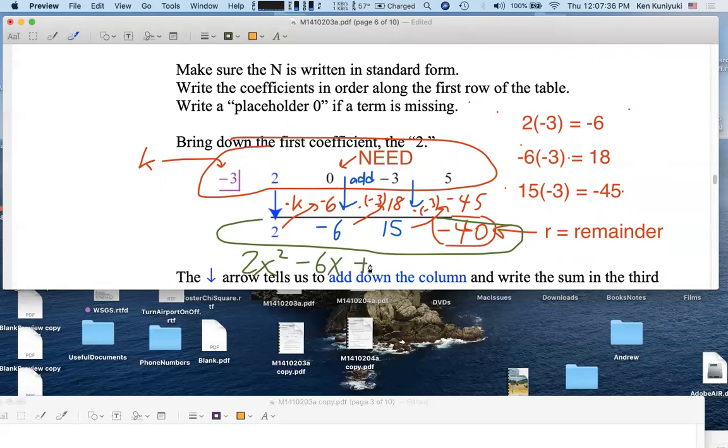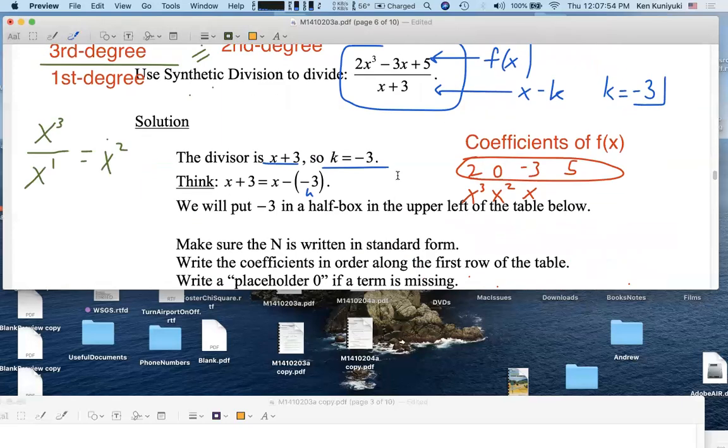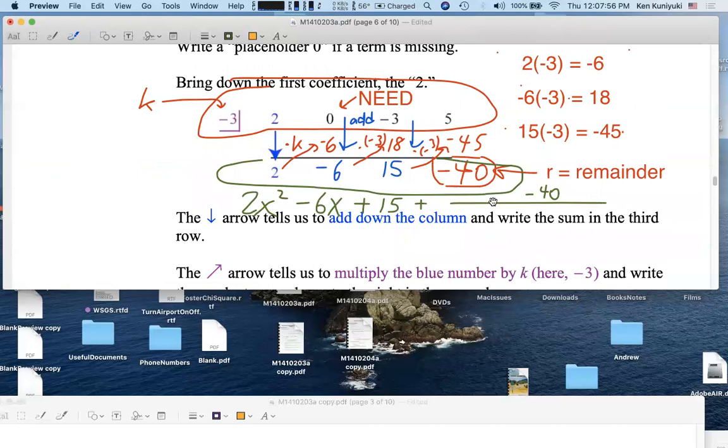Plus the 15 over here. And then plus, what's the scheme? Remainder, the negative 40, over the divisor, which is way over here, x plus 3. Squeezing that in there. X plus 3. And then you can pop out the minus sign.